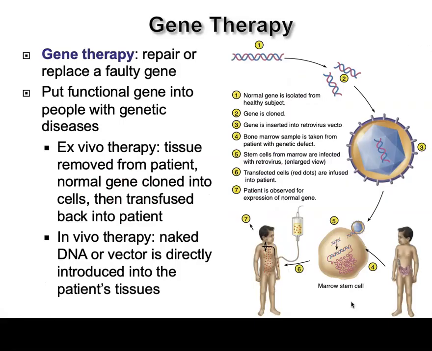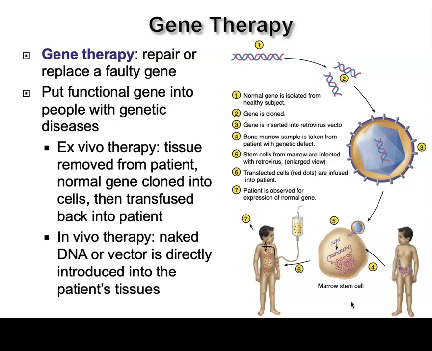All right, this is the last slide. This is gene therapy, and in the module I put a link to a couple of good resources there. But the idea is that you are going to either replace or repair a gene. Very often this is done by taking stem cells out, repairing the gene, and then putting that back into the person's body.